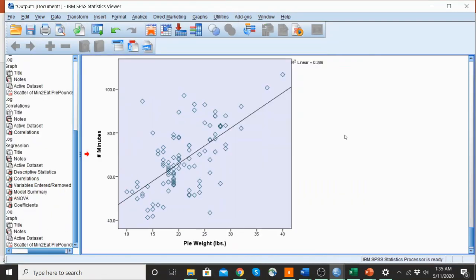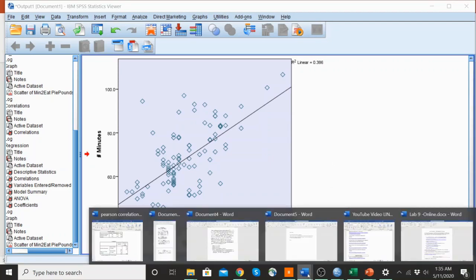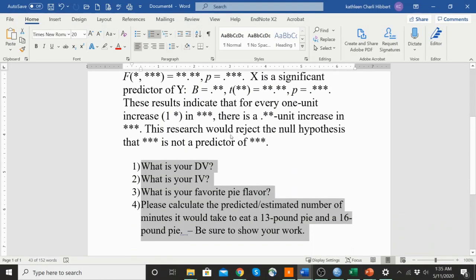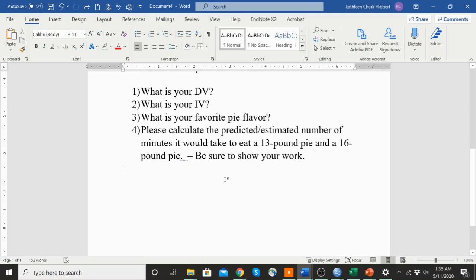So what we're going to do next is we're going to determine what you need to turn in for your lab. So let me come down here to your lab. These are the questions that you're going to need to answer. Number 1, what is your dependent variable?